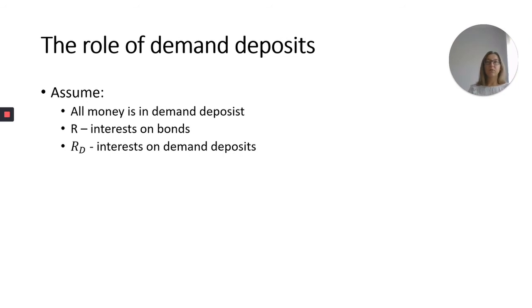So there's no cash, everybody has their money in debit cards. Then R is going to be interest on bonds as usual, and RD is going to be interest on demand deposits. So we could actually earn some interest if we have money in a debit card instead of cash.